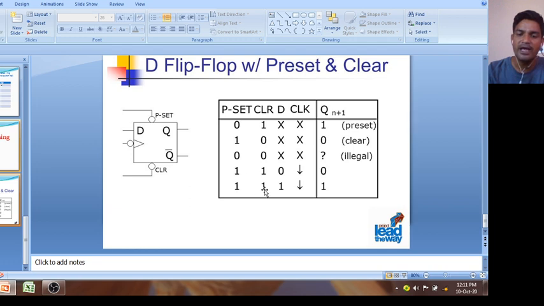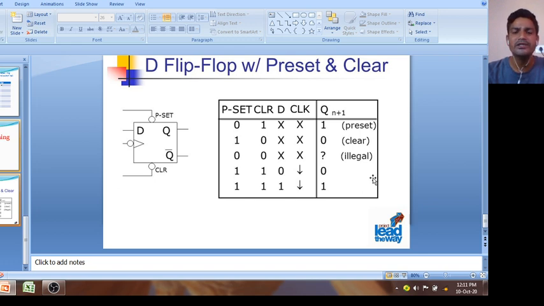If it is 1 1 and D is 1, it will be 1. Means Qn plus 1 will be D. So when preset and clear are 1 1, in that case your flip flop will work normally according to inputs.